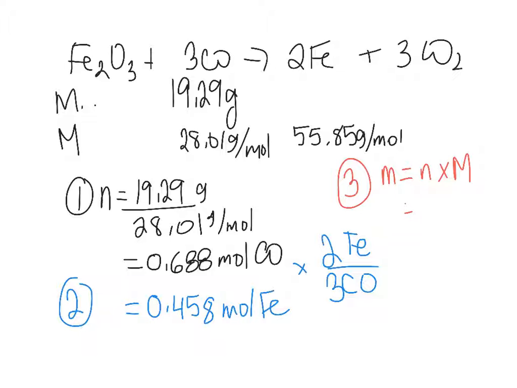So now that we have the moles of iron, multiply this out, and that will give us the mass of iron you can make. So 0.458 times 55.85 is 25.57. So we're going to round that up.